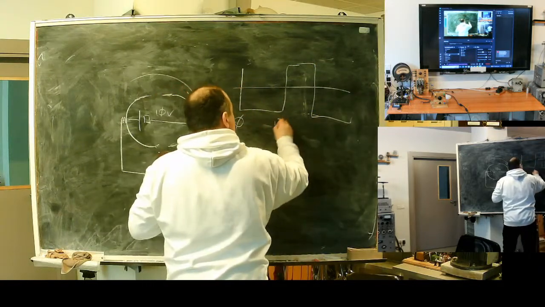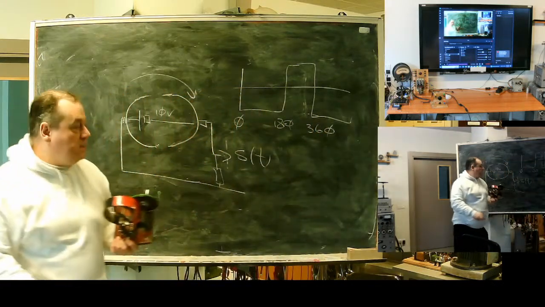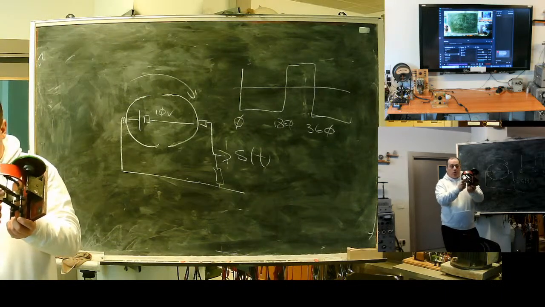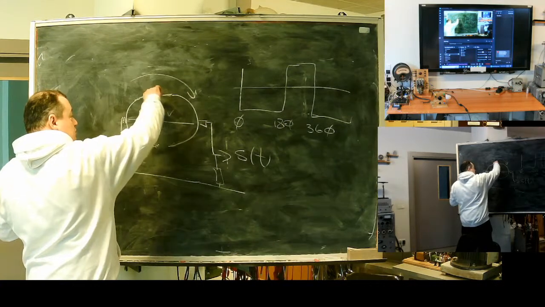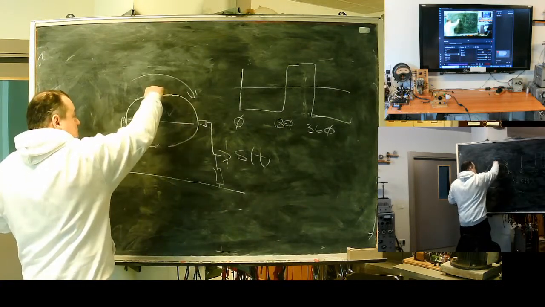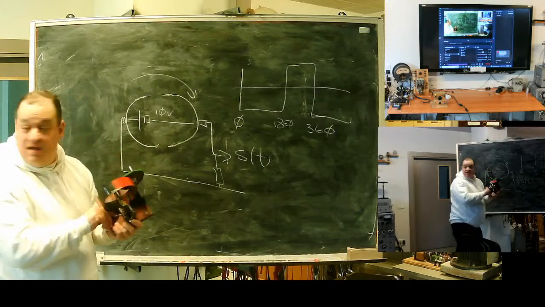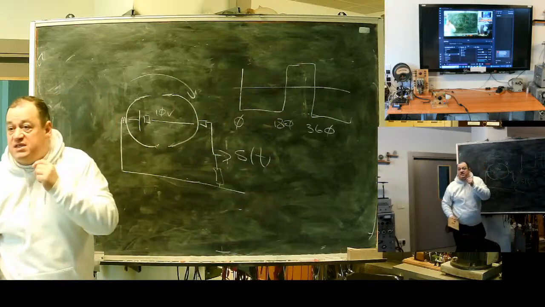0, 180, 360 degrees. You have a break at the moment when this contact shifts as it rotates. At the moment when it switches, we have a break. So this line is interrupted, but the Fourier series is uninterrupted.